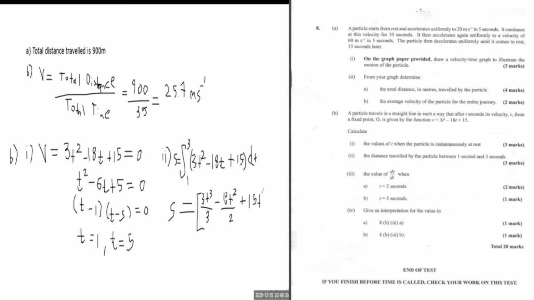And of course, we're going from 1 to 3. So plugging in 3, 3 cubed is 27.